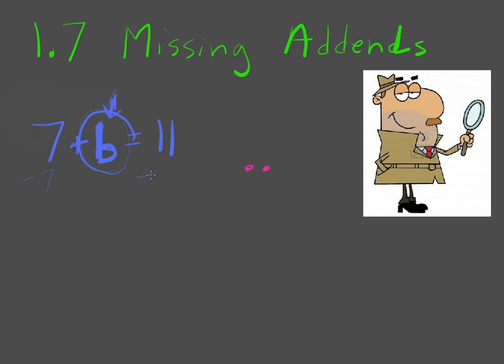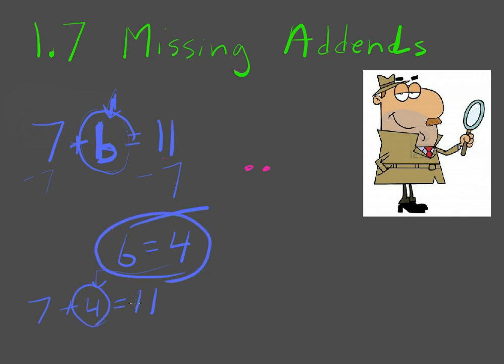We'll subtract 7. 11 minus 7 will give us 4. So we know B has to equal 4. If we put that back into our original one, does 7 plus our 4 equal 11? If it does, we know 4 is correct and B equals 4. Let me try another one for subtraction now, see how we do.